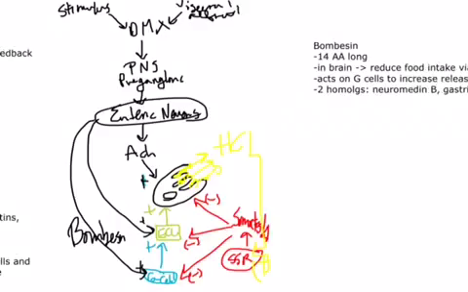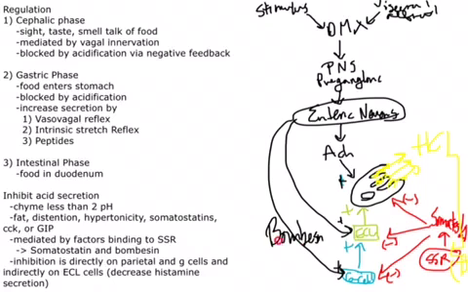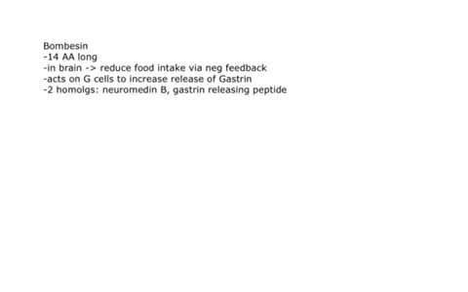And as we saw in the picture before, the bombesin acts on G cells to increase the release of gastrin, to increase the release of high acid secretion. It also has two homologs, neuromedin B and gastrin-releasing peptide.